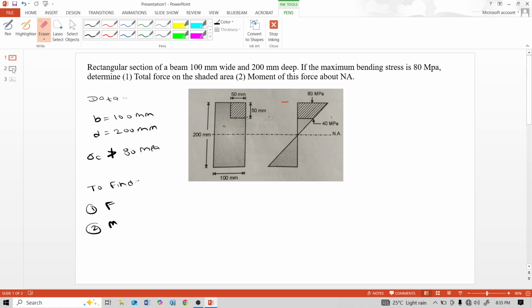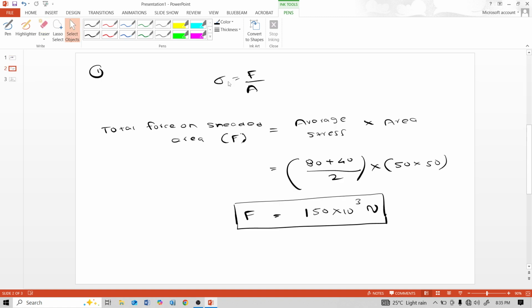So we consider sigma is equal to F by A as the equation for solving the total force on that shaded area. Now the total force on that shaded area is equal to average stress multiplied by area.